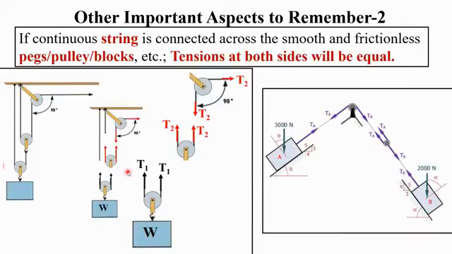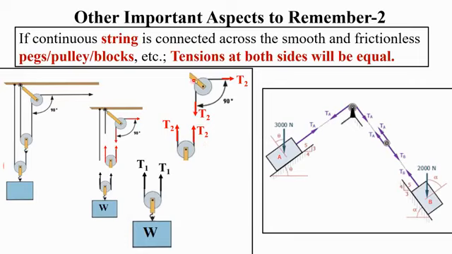Now, number 2 point. If a continuous string is connected across a smooth and frictionless peg, pulley or block, tension at both sides will be equal. You see, this T1, T1, both are equal. Here it is connected with a single pulley. Here also T2, T2.